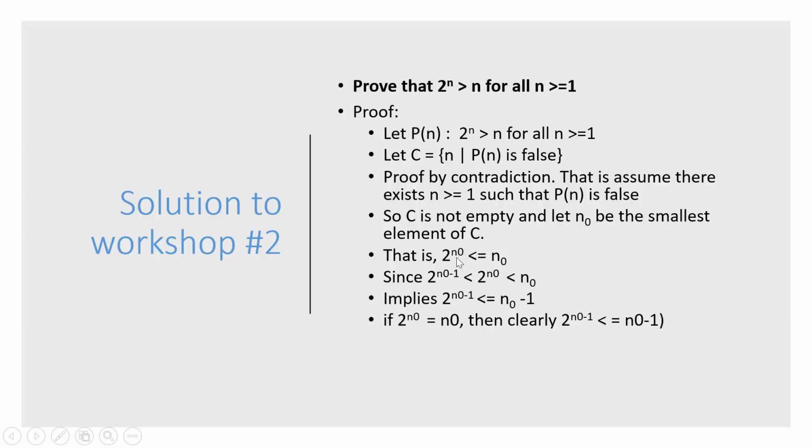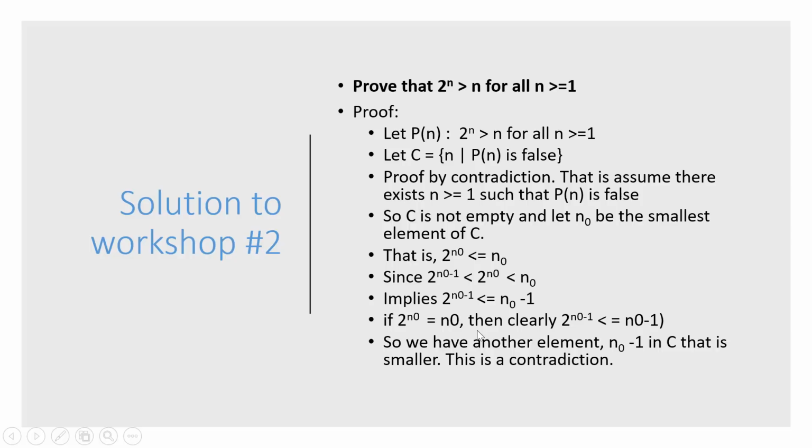Now, the other case: if 2^n0 is equal to n0, then we clearly know that 2^(n0-1), which is really 2^n0 divided by 2, is n0 over 2, which intuition tells us has to be less than n0-1. So we can show that there's another element in C, equal to n0-1, which is less than our minimal assumption n0.